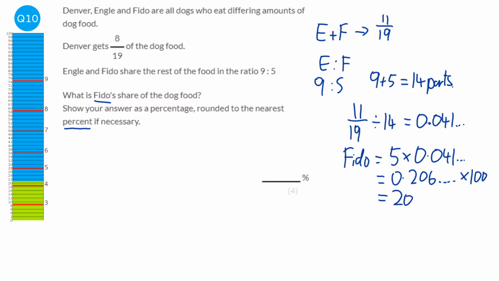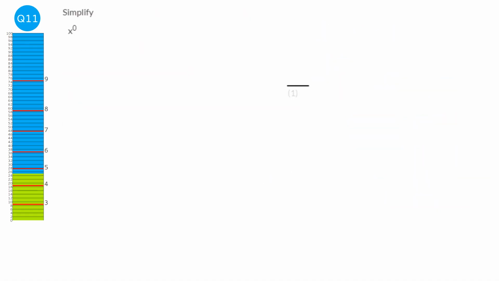So we have 20.676 and so on percent, and it wants it rounded to nearest percent, so that would be 20%. Or actually, it would be 21% because this would round it up. So 21%.